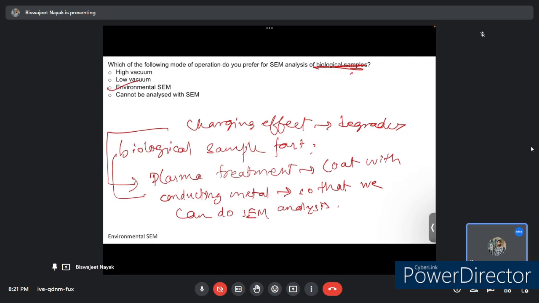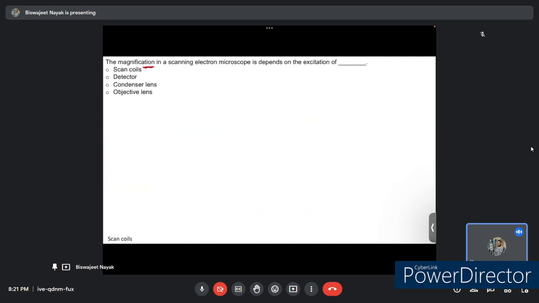Magnification in a scanning electron microscope depends on the excitation of the scanning coils, as we have seen in our slide.